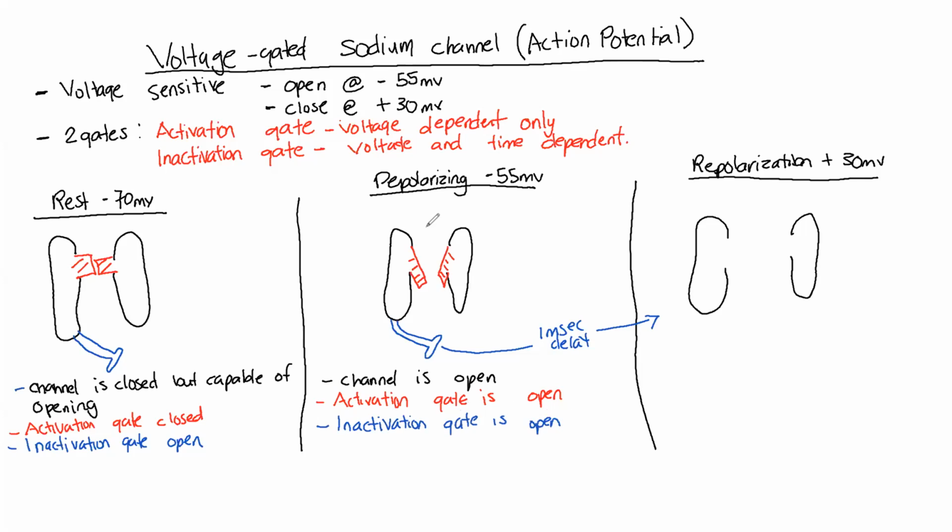Alrighty. But after this very brief 1 millisecond, the channel will be in this third state. It's going to be in the repolarizing state where the activation gate is still open, but now the inactivation gate has closed.